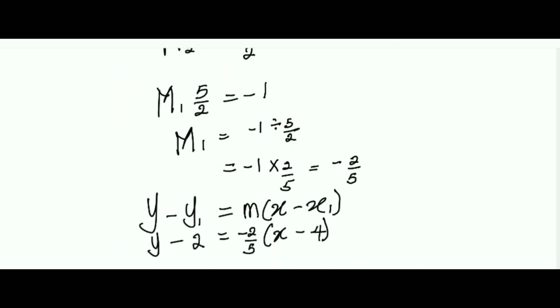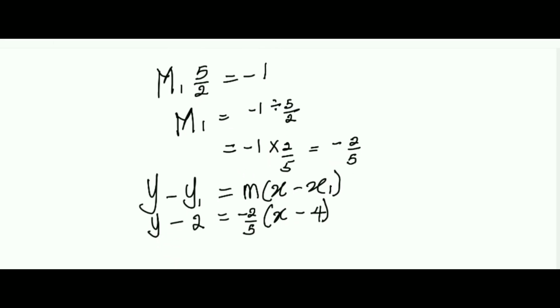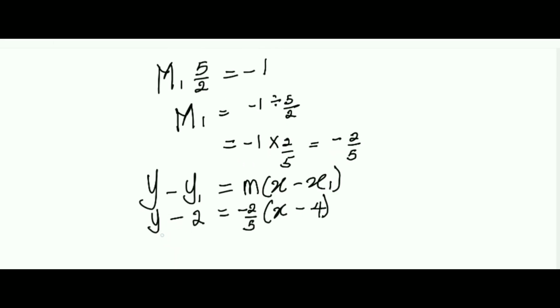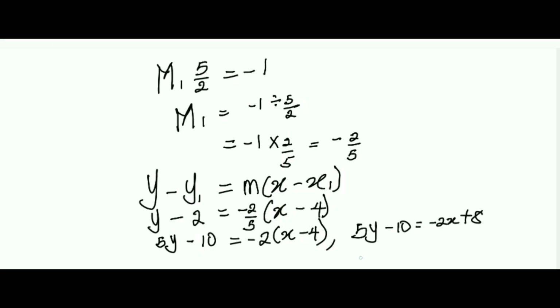So at this point we can multiply through by the LCM. The LCM is 5. So to clear this fraction, I have this as 5y plus 10 equals minus 2 into x minus 4. And so when you open up these brackets, I have 5y plus 10 is equal to minus 2x plus 8.